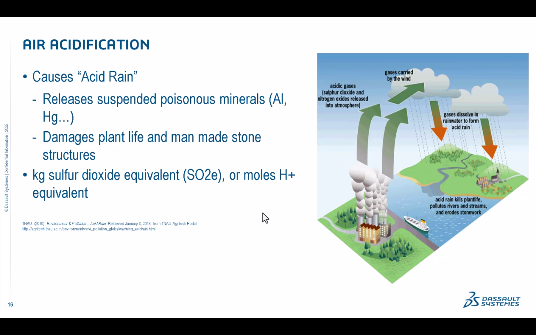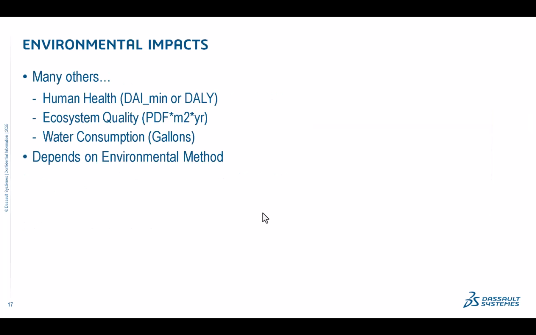As the acid rain falls, it tends to release those embedded minerals, things like aluminum and mercury. The unit for air acidification is kilograms of sulfur dioxide equivalent or moles of the positive hydrogen ion equivalent, again, based on your calculation methodology. And we're also, again, seeing this notion of equivalence. And there's many other environmental impacts.